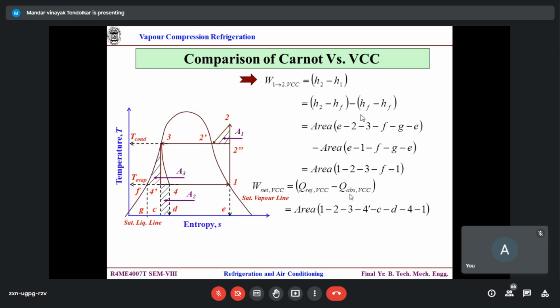So delta W is delta Q. So net work in VCC is the Q rejected, that means condenser, minus Q absorbed, that means evaporator. So that is nothing but the same 1, 2, 3, then 4, 4 dash, then C, D, 4, 1.